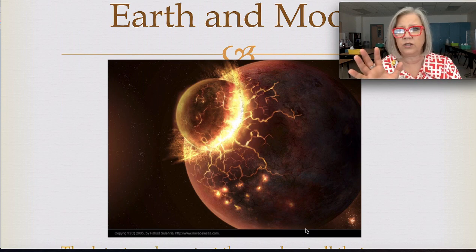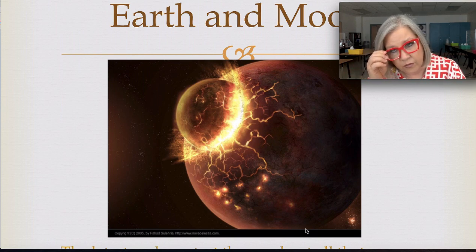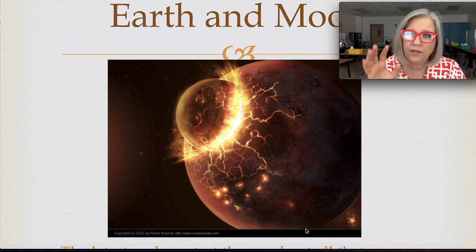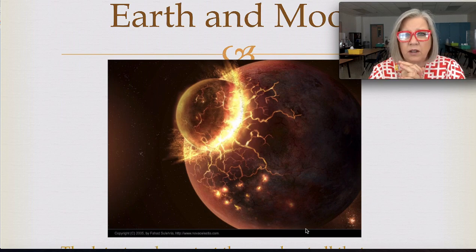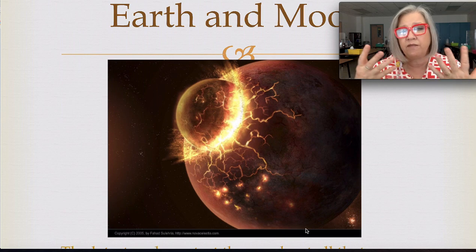So when the astronauts went to the moon, what they discovered was that there were rocks that were very much like what Earth had. So it told us that there were particles from the Earth that had moved onto the moon when it struck. Theia was probably fairly large. The moon's about a quarter of the size of the Earth, and so it was probably more the size of Mars.